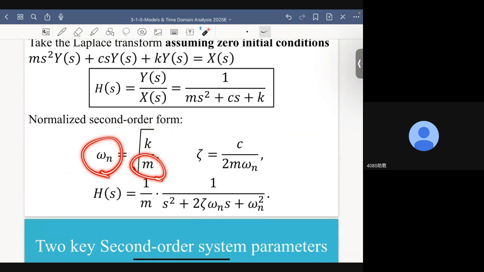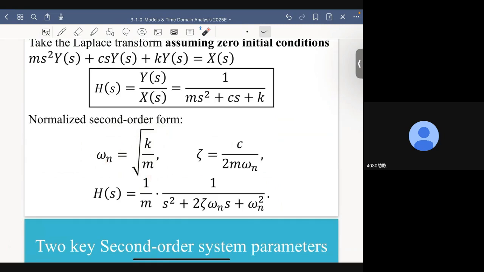So the physical connection between spring constant and natural frequency, as well as between mass and natural frequency, should be clear.